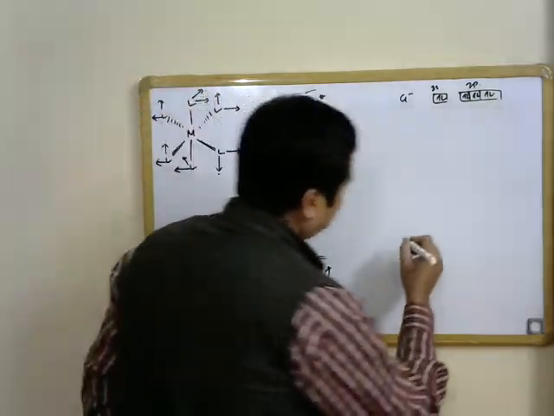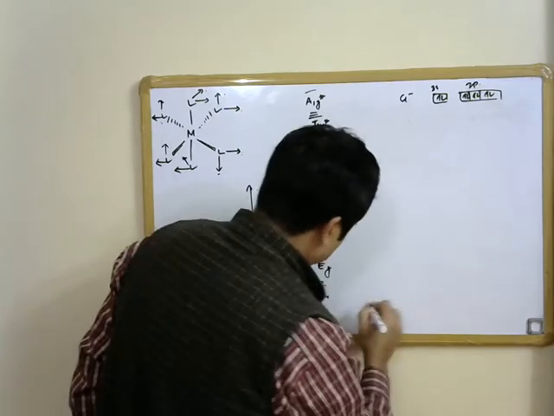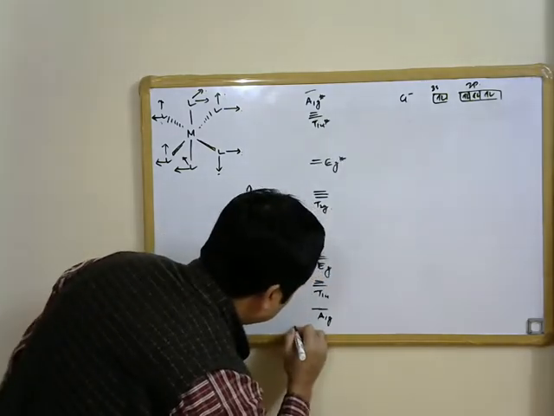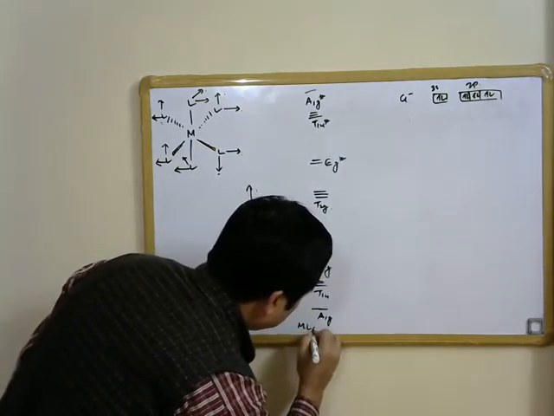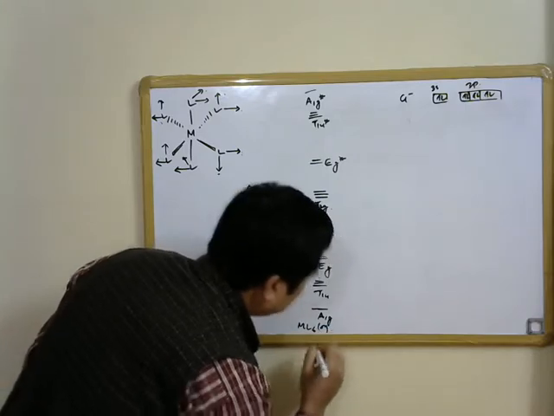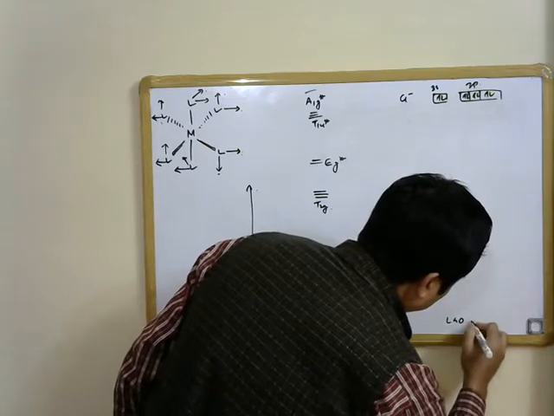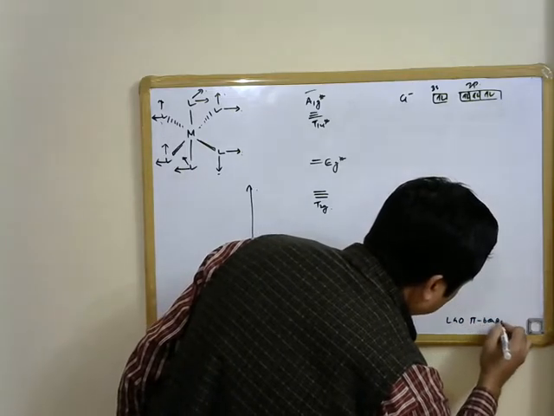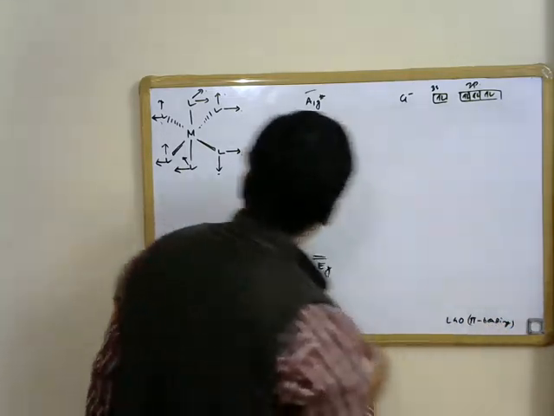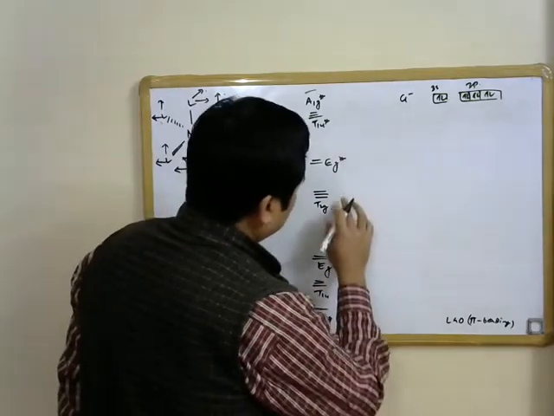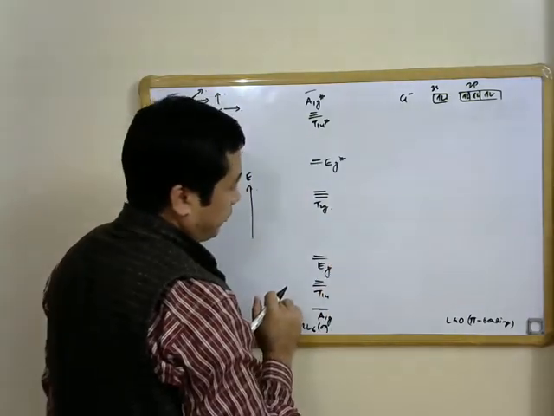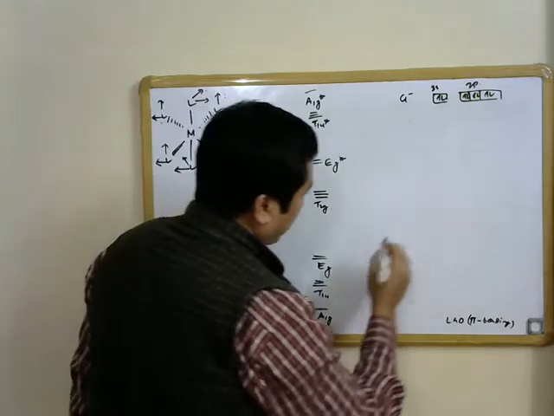So this is ML6 sigma bond only. Now we will draw the LGO for pi bonding. So this is the energy scale, and this is the energy of the metal d orbitals, we know.